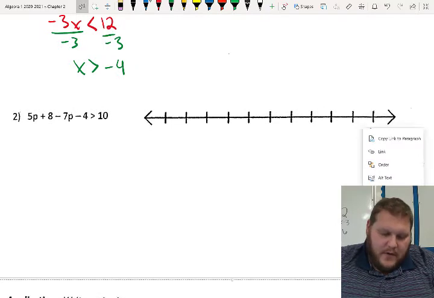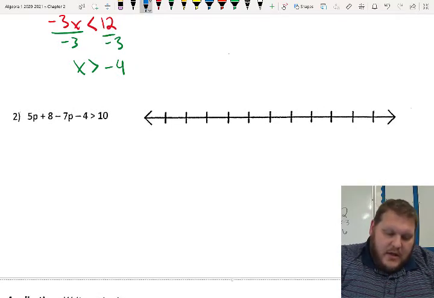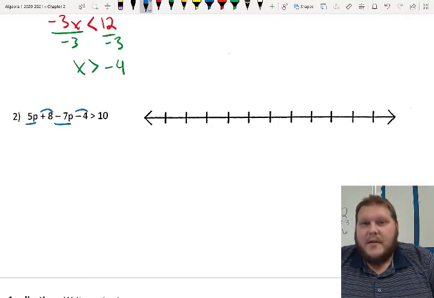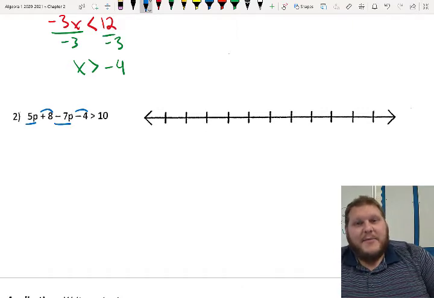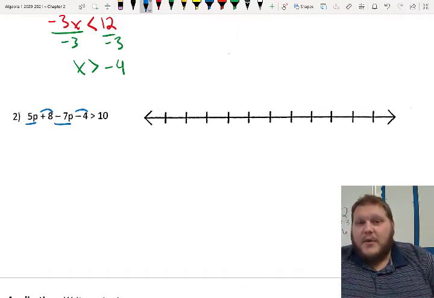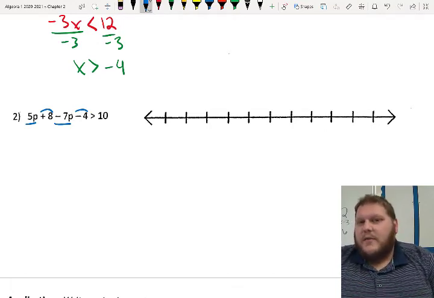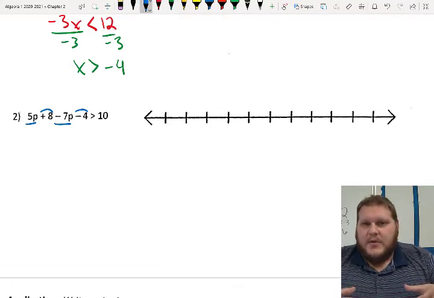Okay. For number 2 in my challenge section, I've got multiple different things on the same side of my inequality that can be collected together. Now this is something that a lot of you guys made a mistake on the chapter 1 test, where if my variables or my numbers are on the same side of my equation, or in this case the inequality, I don't do the inverse operations, I just collect up those terms together.